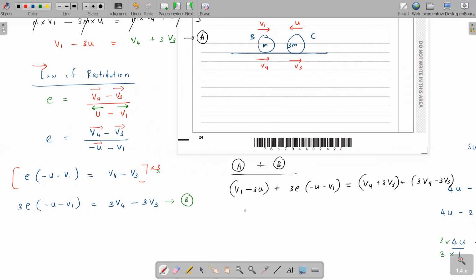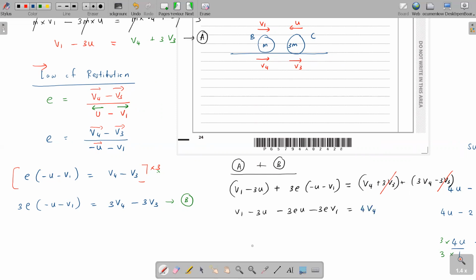I get V1 minus 3u, minus 3EU minus 3EV1. The plus 3V3 and the negative 3V3 cancel, that's the whole point of adding these two. V4 plus 3V4 is 4 times V4.